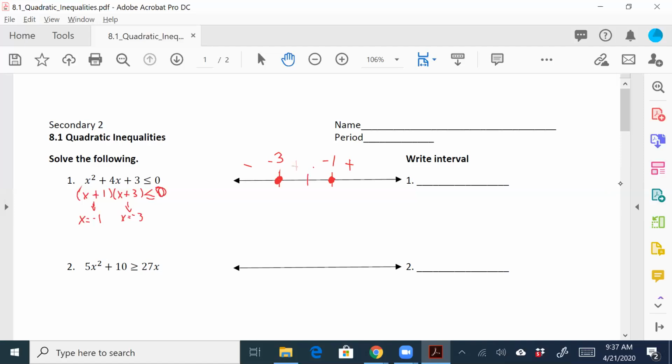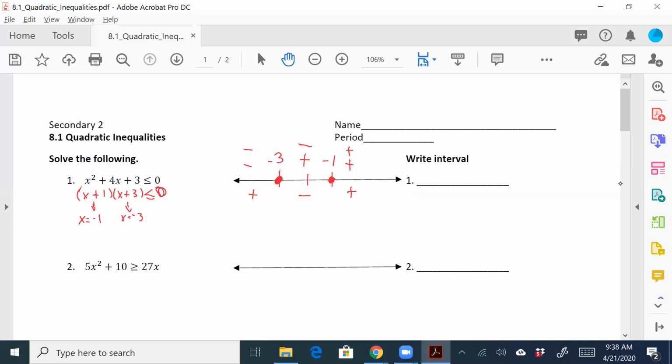Let me erase that a little bit. So this would be positive. And then -1, that's then our 0, and so everything to the left of it would be negative, and to the right, positive. And then we multiply out the signs. Negative times negative is positive. Negative times positive is negative, and positive times positive is positive.